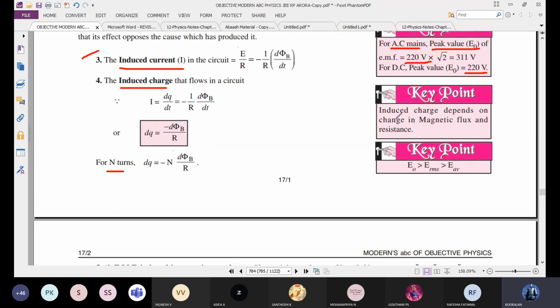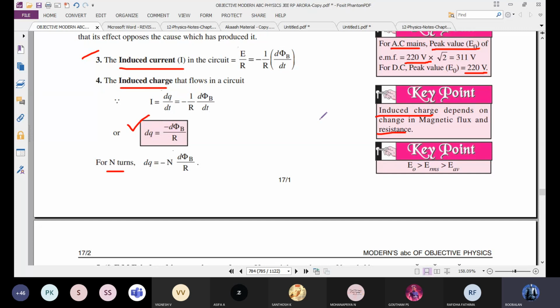Another one, the induced charge depends upon the resistance value, the change in the magnetic flux and the resistance. Induced charge depends on changing magnetic flux. Another one, the resistance value. Same formula only.